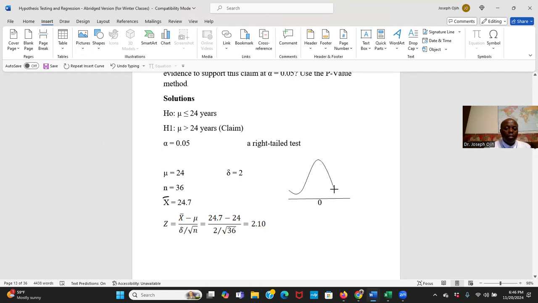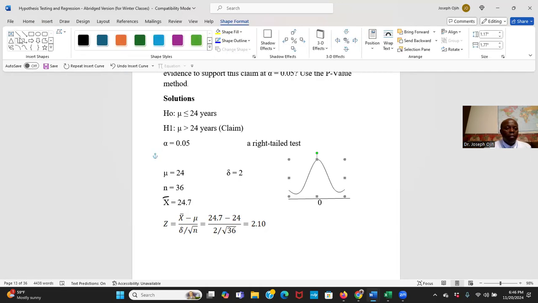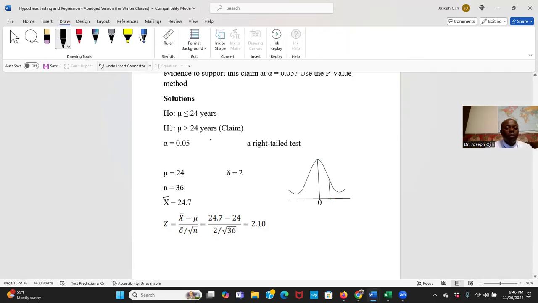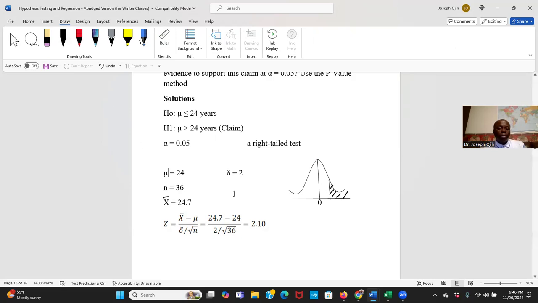We have a center line, and because it's greater than 24, it should be on the right. When we did normal distribution, I mentioned that whenever it's at the tail, you subtract from 0.5.